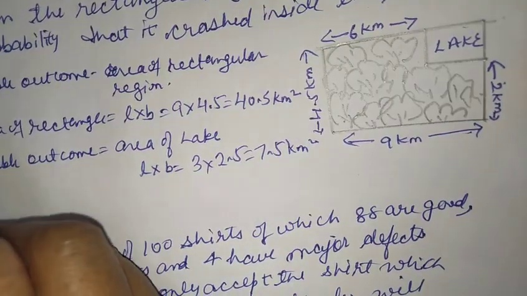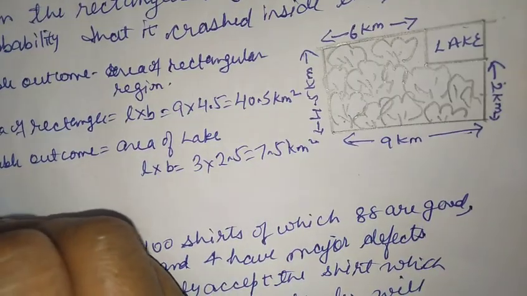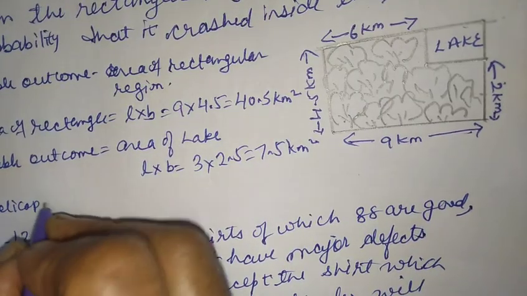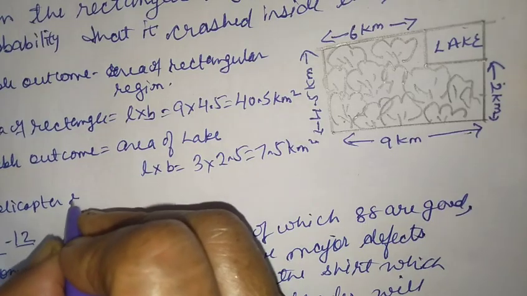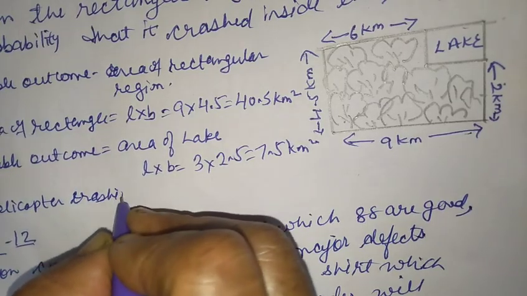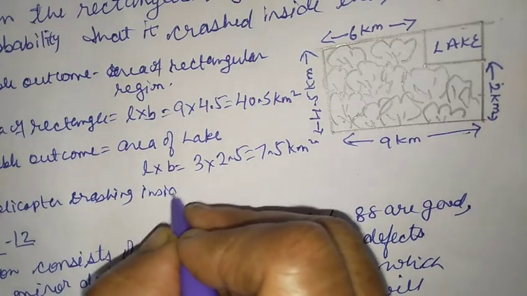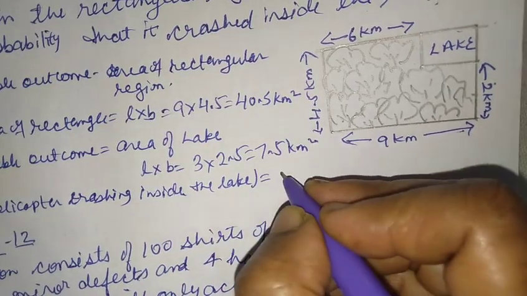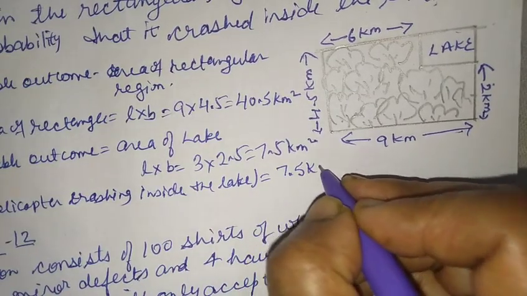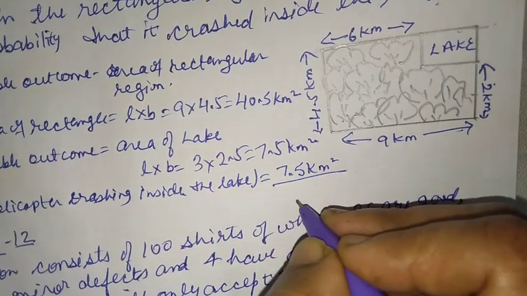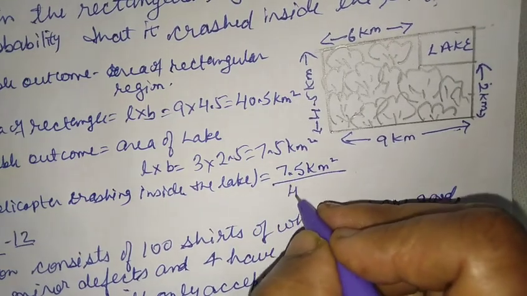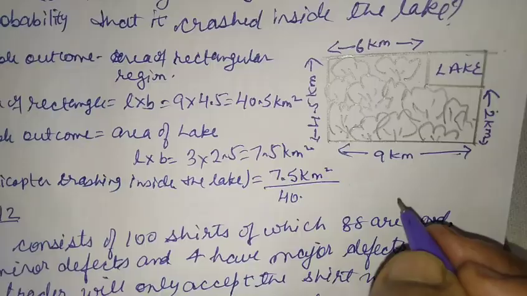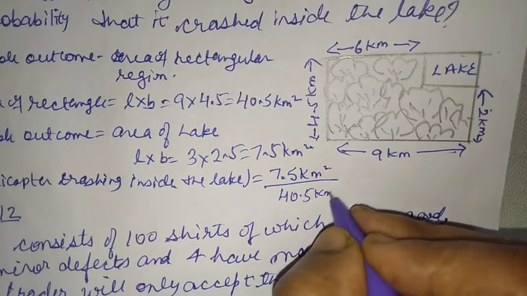So we have to find the probability that the helicopter crashes inside the lake. The favorable outcome is the area of the lake, and the total possible outcome is the area of the rectangular region, that is 40.5 square kilometers.